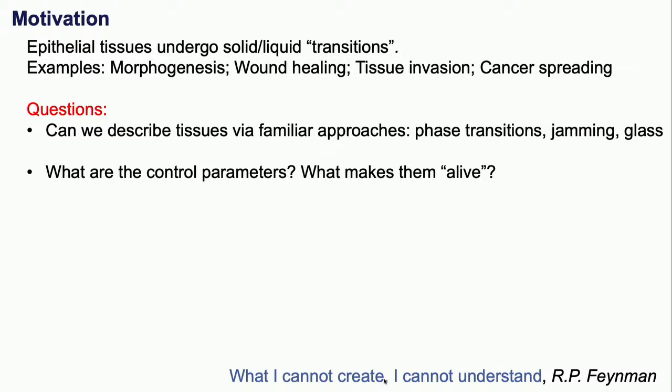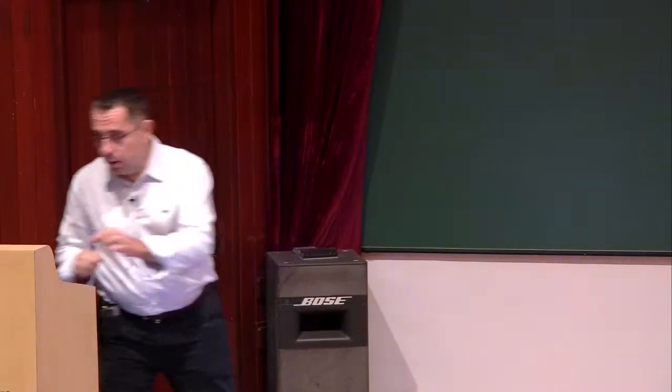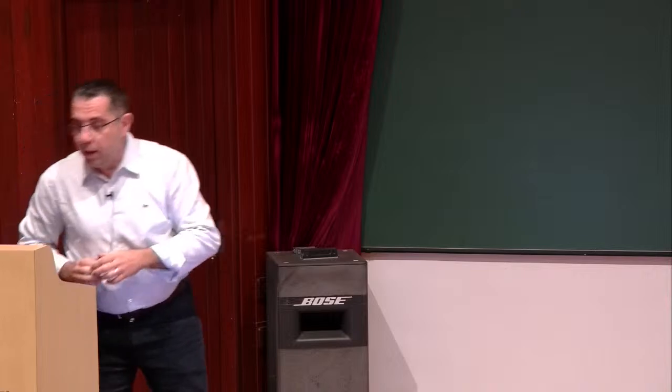And this has become extremely popular in the community in the last decades, mainly because we had a very important advancement from the experimental viewpoint. We are now able to image tissue with a very high spatial resolution.